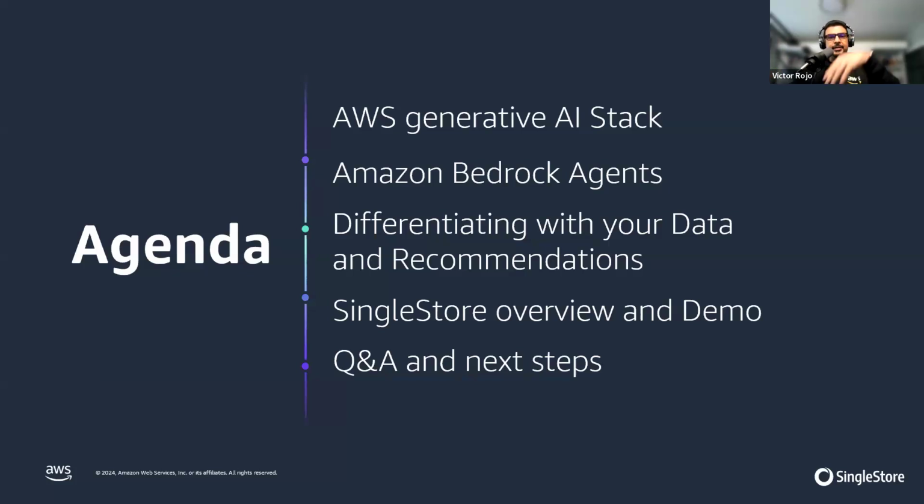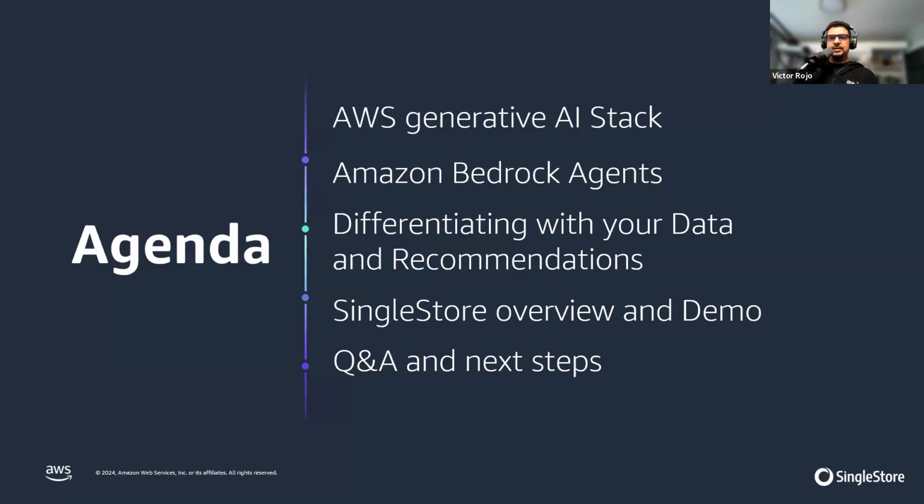Next, going a little deeper into the topic of agents. As you know, part of the future of Gen AI is agents, multimodal, agentic solutions and applications. So I will be providing some details about Amazon Bedrock Agents. Then I will also connect this topic with data.